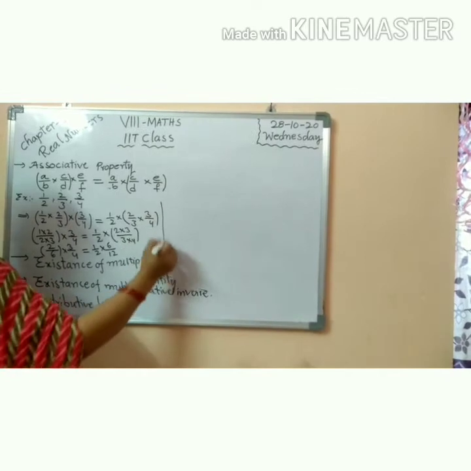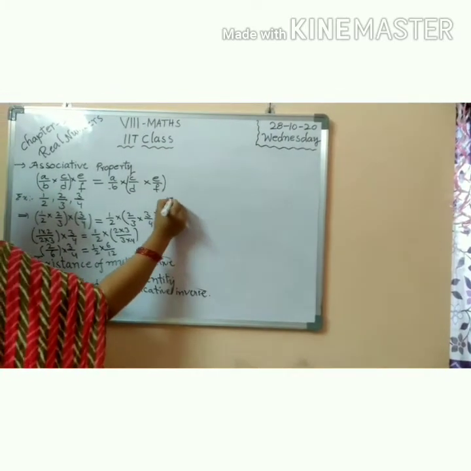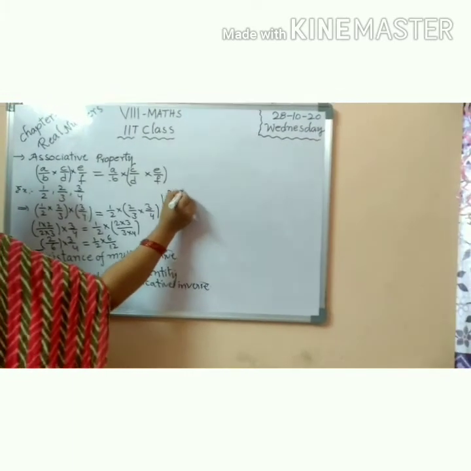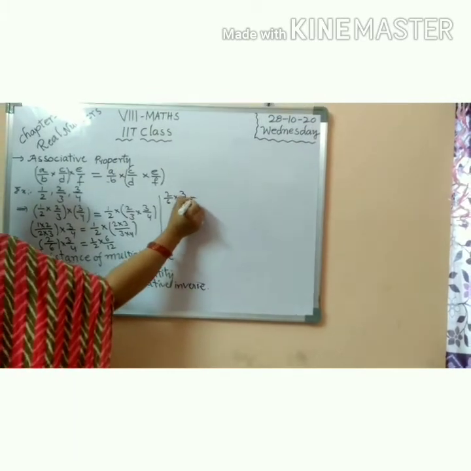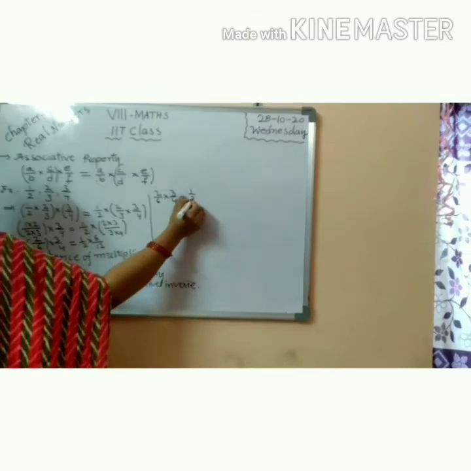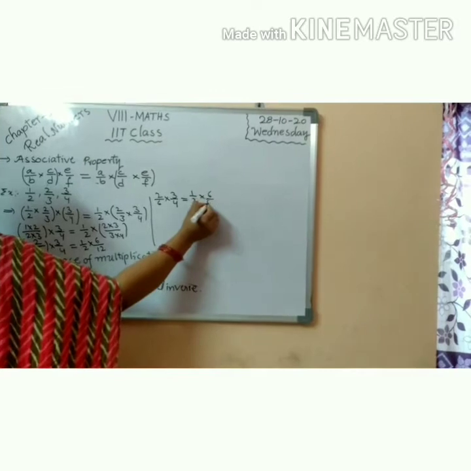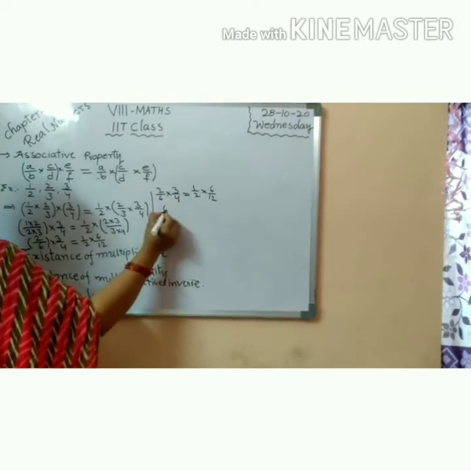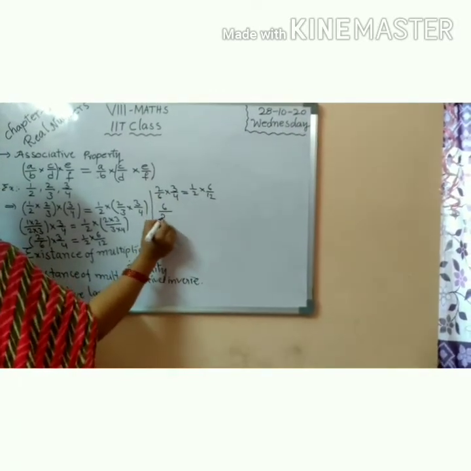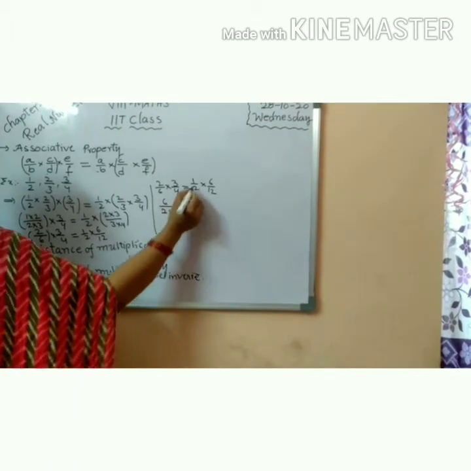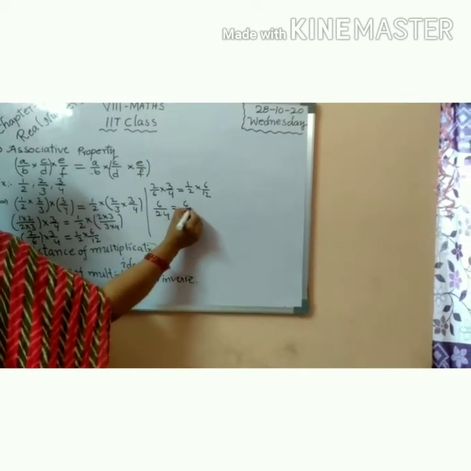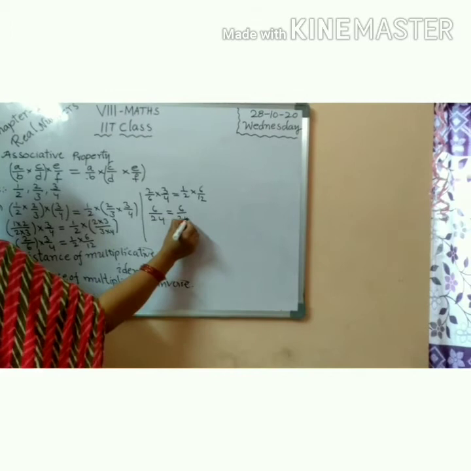So 2 by 6 into 3 by 4 is equal to 1 by 2 into 6 by 12. 2 threes are 6, 6 fours are 24, equal to 6 ones are 6 by 2 twelves are 24.